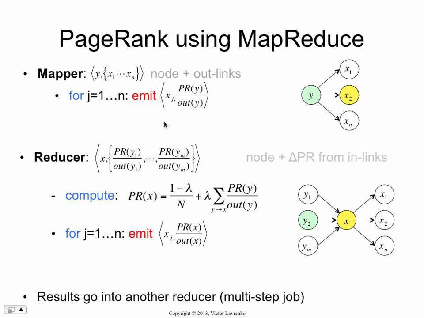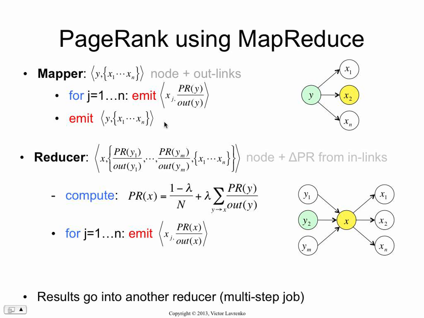But you can fix it really easily if you have the mapper emit the outgoing links as well as the page ranks. Then the reducer, when it gets the contributions from the in nodes, is also going to get a list of its out nodes as a special element of the list. It's going to be a different element: all of these are numbers, and this is going to be a list, so you can identify it pretty easily.